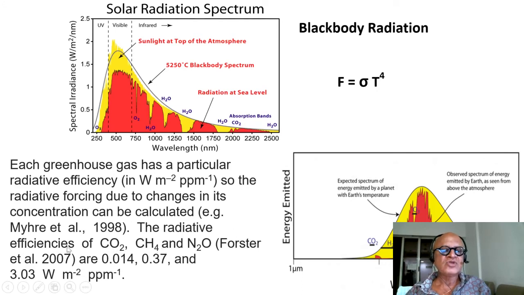So we need to know the radiative efficiencies, which for CO2, methane, and N2O are respectively 0.014, 0.37, and 3.03. But these also indicate that methane and N2O are much more powerful as greenhouse gases. So that's called greenhouse warming potential.